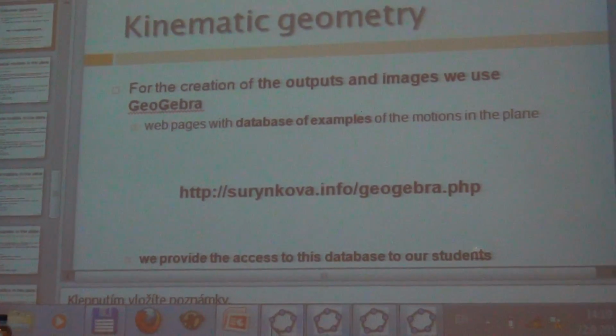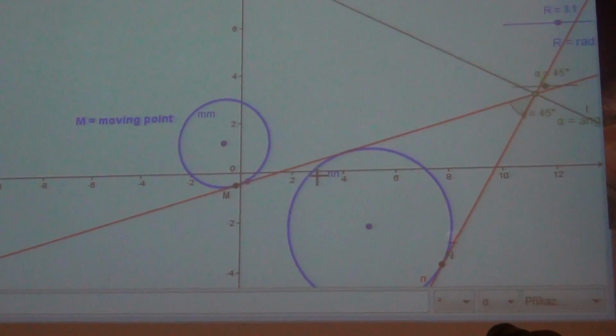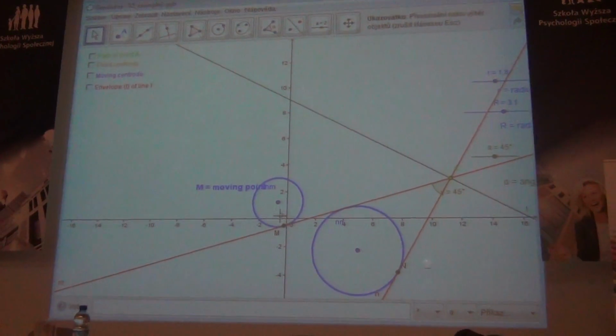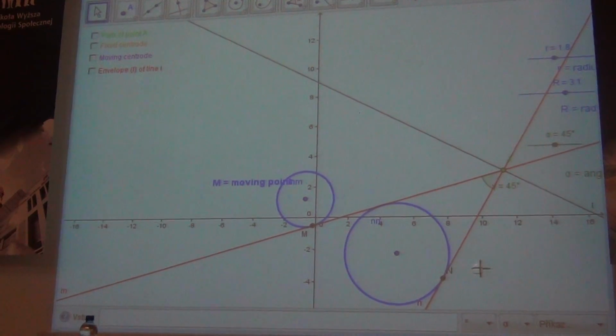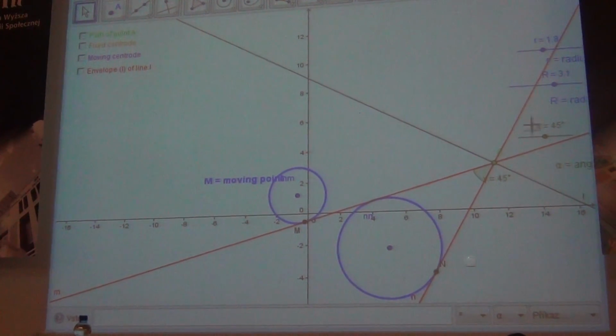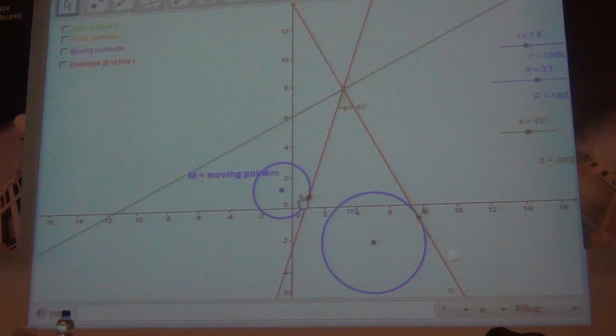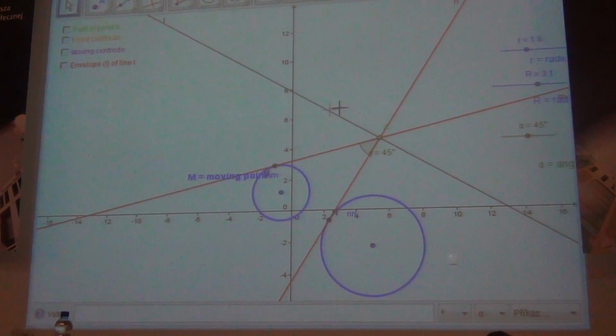As I said, the determination of the motion can be by 2 envelopes. So here you can see 2 circles, 2 envelopes of 2 straight lines. This is the motion, geometric motion.